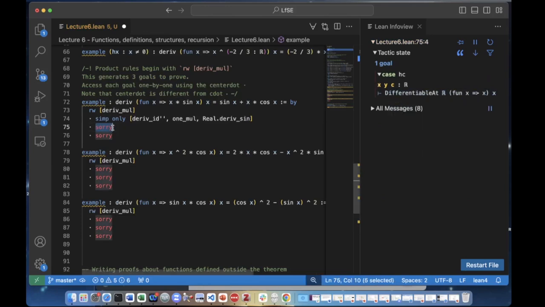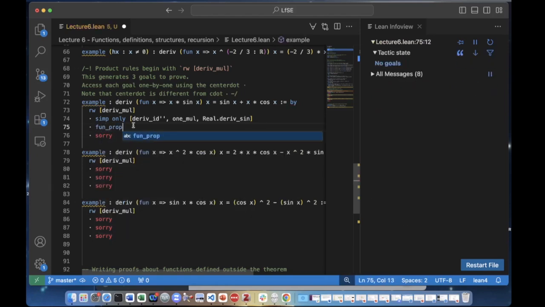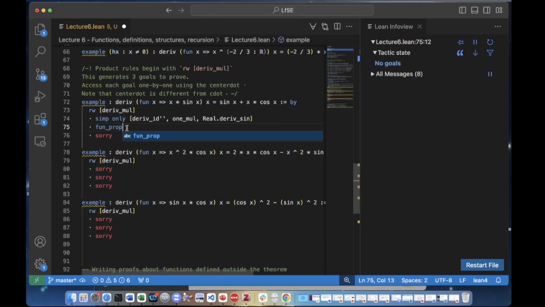So this is why I mentioned this tactic, fun_prop, before, because this tactic didn't exist actually until May of this year, or maybe a little earlier, but Tomas Skrivan has been working on this to make doing calculus easier in Lean. And fun_prop is a very handy tactic that closes this goal. We'll talk about fun_prop for a minute. Where is my Mathlib library again?